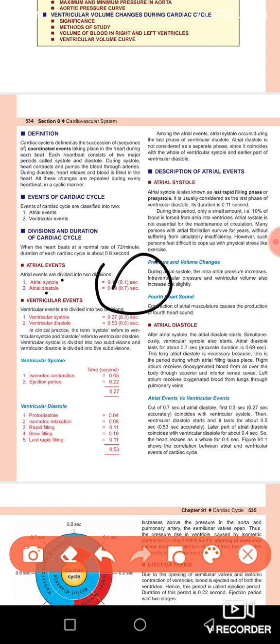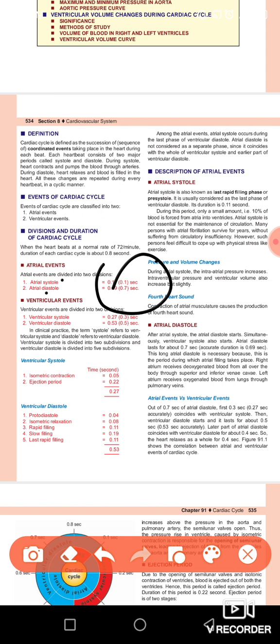Isometric contraction means muscular contraction, in which volume and length remain the same, just tension and pressure increase. So what is the cause of this? It is caused due to the semilunar valve, and in this the first heart sound is also produced.